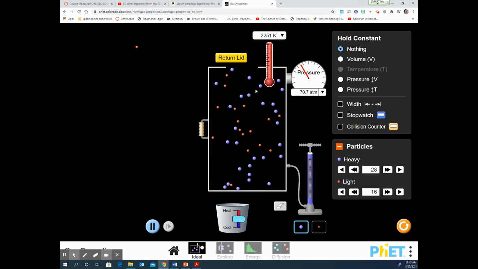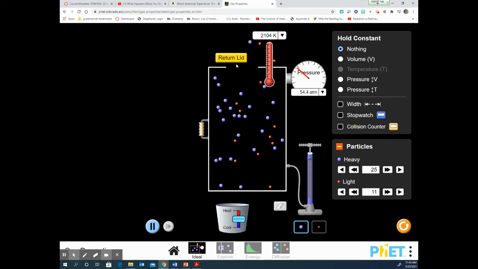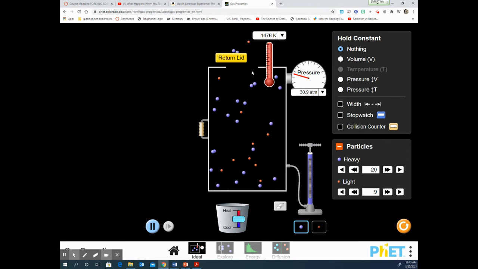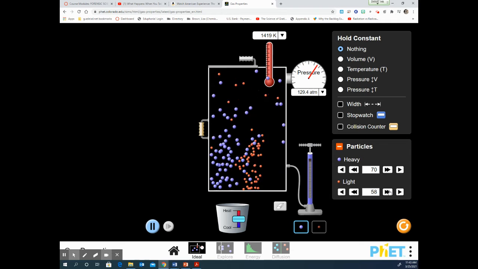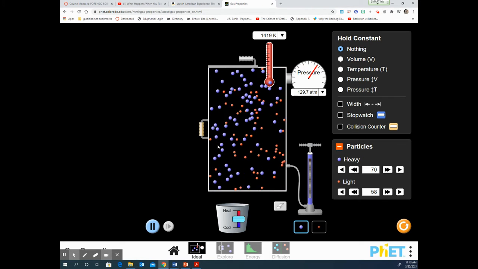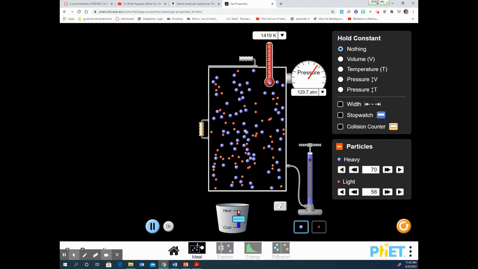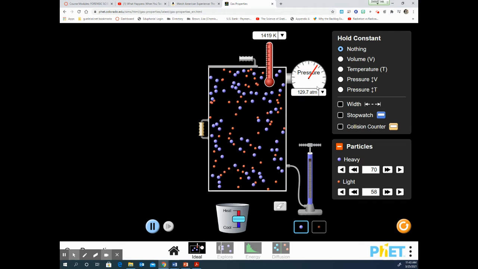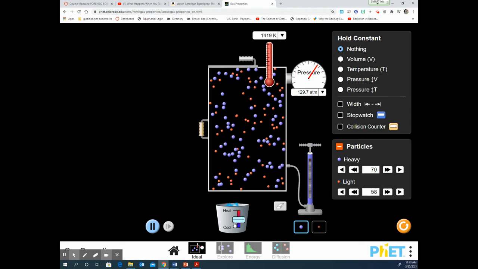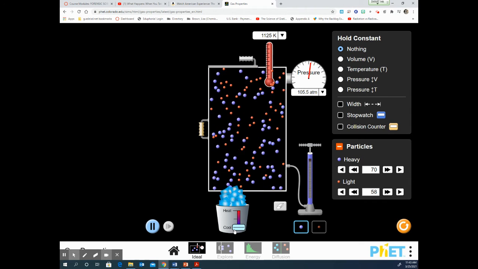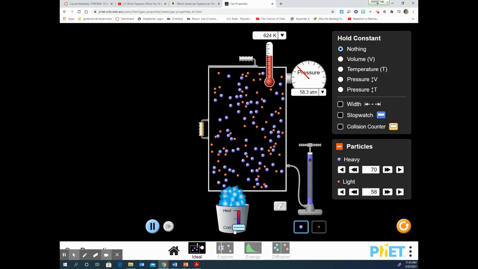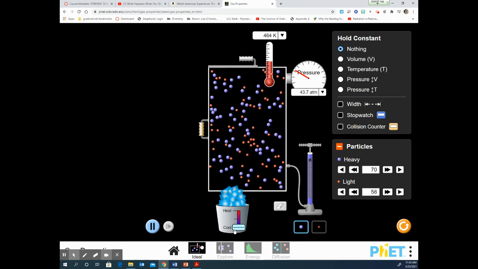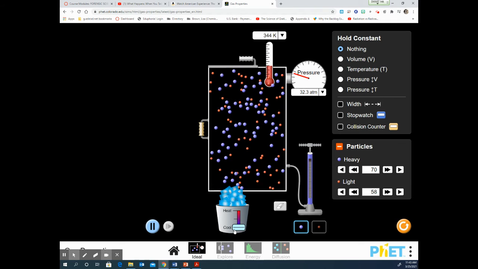That's why you really have to be careful with temperature and pressure, because if things get too hot or too cold, it breaks the container. So I'm going to return the lid and bring back some more particles. It's still really hot in this container, but now let's watch the pressure as I lower the temperature. We're going to chill it down. It's getting way colder, and watch how the gas molecules slow down.